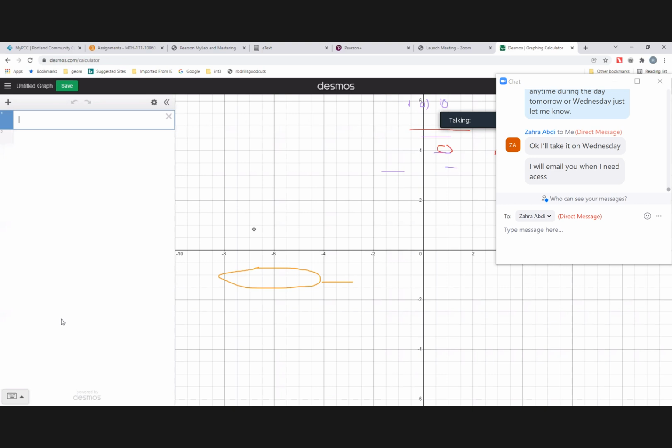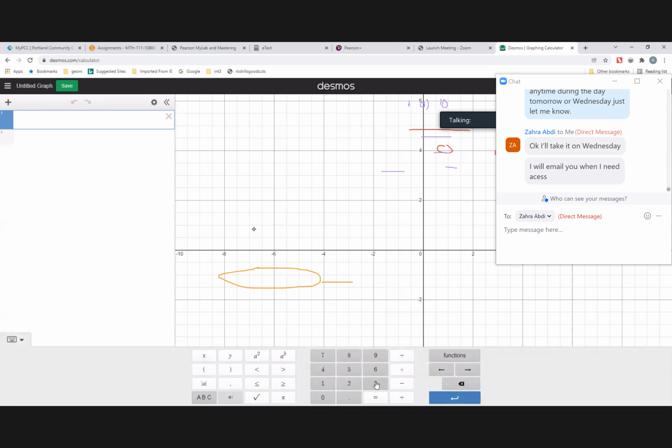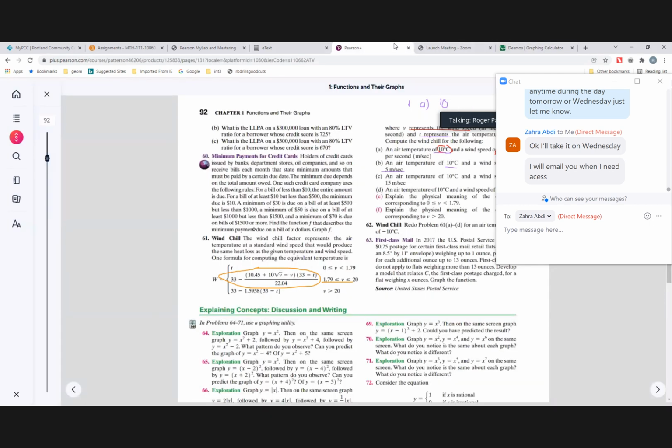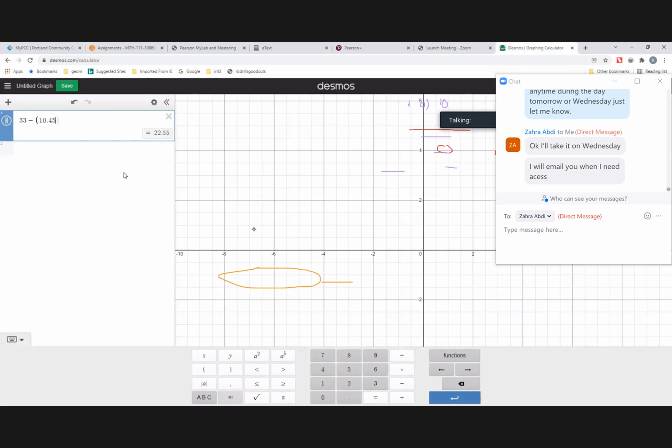That was 33 minus 10.45 plus 10 squared, minus... square root, and it was 5, right?